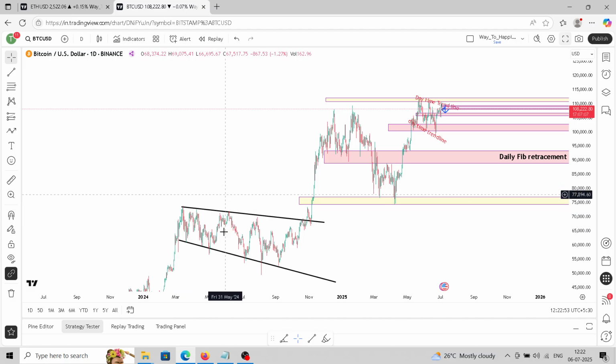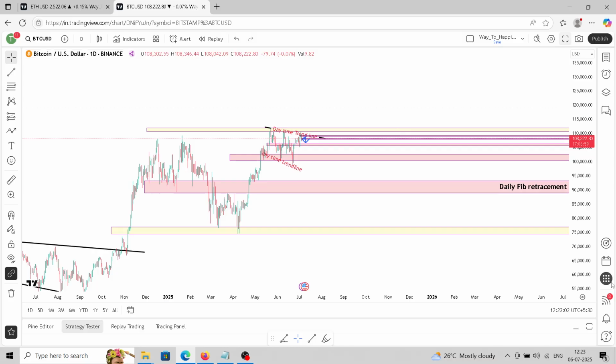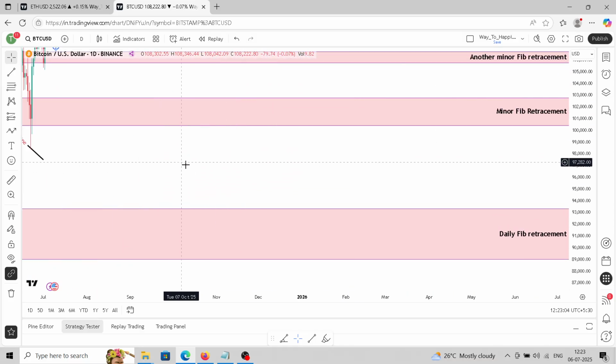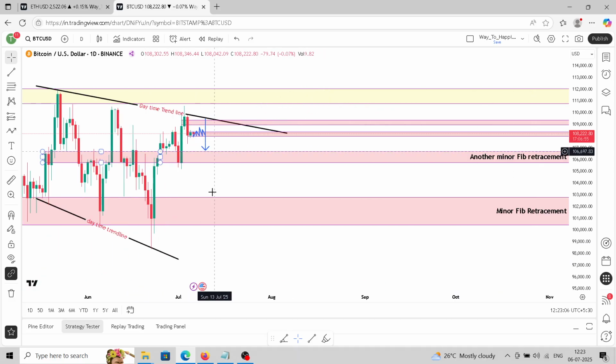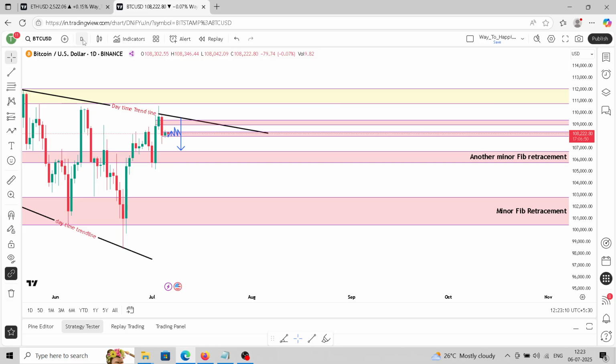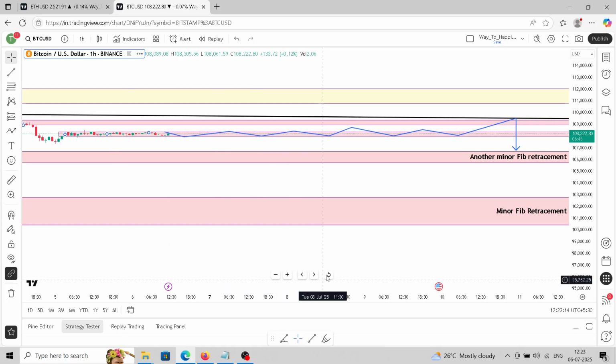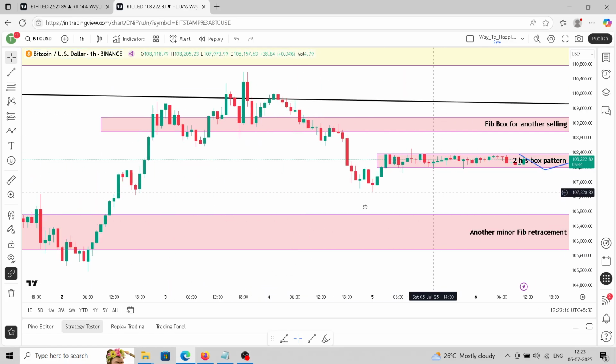So the prices are going to spend some more time on this parallel chart, or bullish flag chart, and then if some breakout happens, it will come, but not so soon. Okay, so in my opinion, if I take you back to the 1 hour, BTC is going to behave like this.